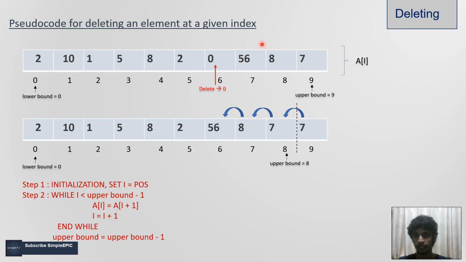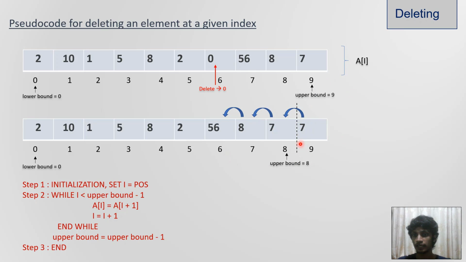Likewise the 8 will be shifted by 1, then there will be 8 here also, and when it reaches the upper bound there will be 7, and at the upper bound there will be 7 also. So each and every element that comes after the deleted element will be shifted left by 1.